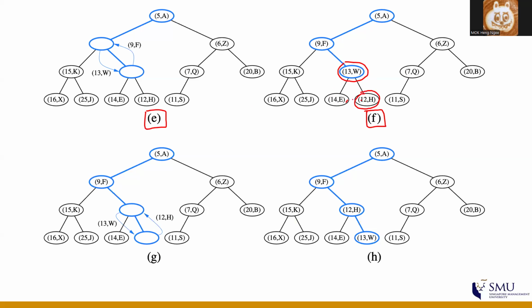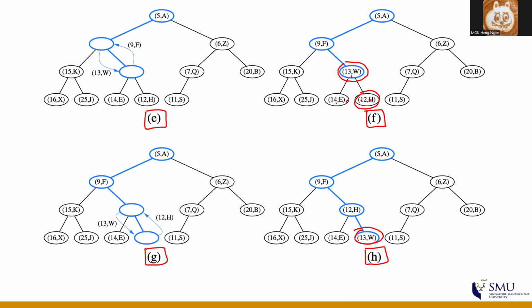The right child is smaller, 14 versus 12. 12 wins. Then I compare 12 with 13. A swap is required, so we do a swap here, and this is the outcome. We stop at this place because it is already at the bottommost level, a leaf node, and it cannot go down anymore.